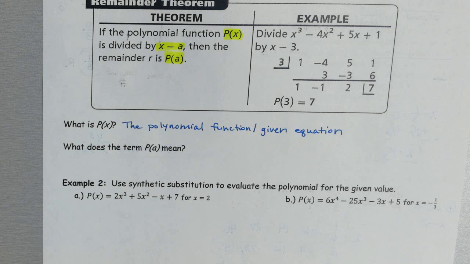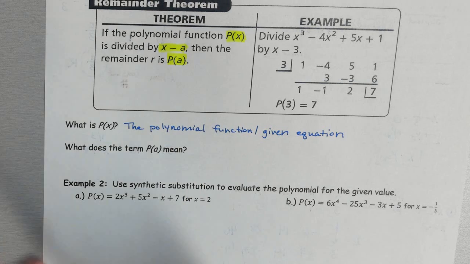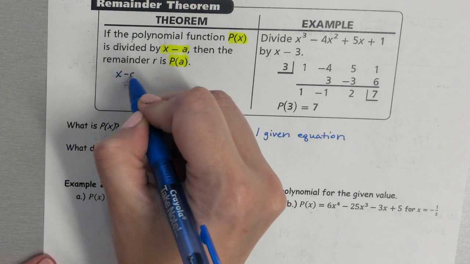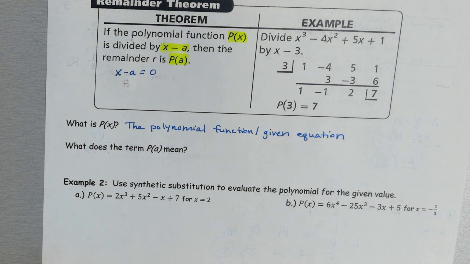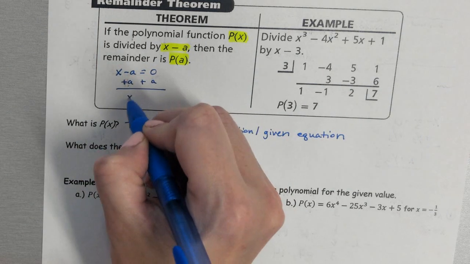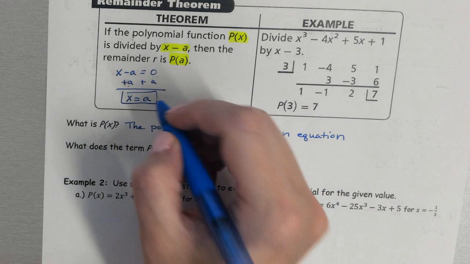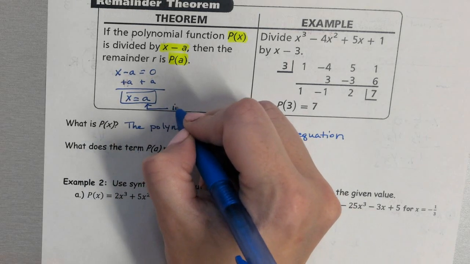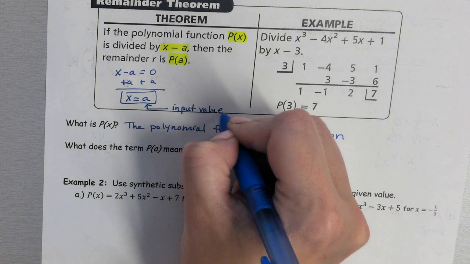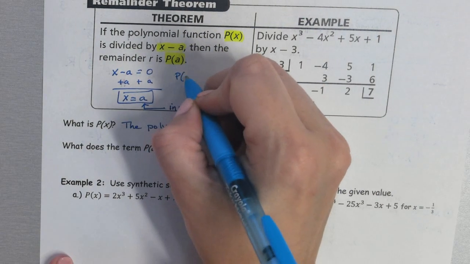Okay, now to figure out what p of a means, let's first make sure we understand the x minus a. If you have x minus a, that's your divisor that you set equal to 0. And then if I were to solve that for x, what would x equal? A, because we're going to add a to both sides. Good. Okay, so a is our input value. If a is our input, p of a is our what?